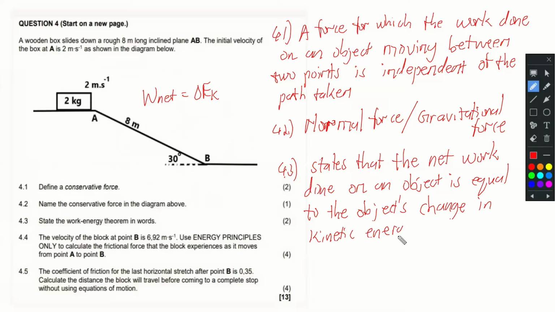Right. So that's the work energy theorem. So just like that, we already have 5 marks, 5 marks out of 13. So let's go on.